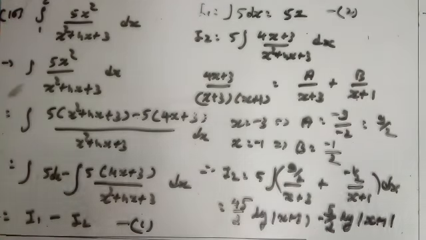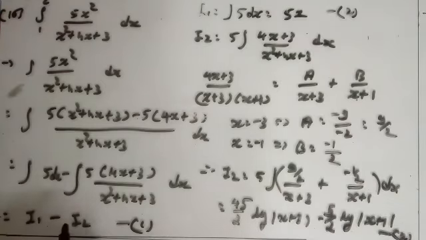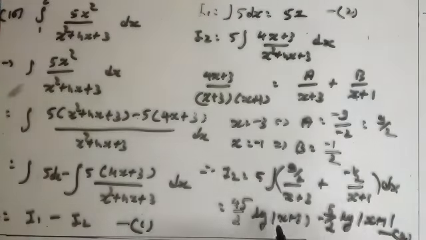Clear? Now say this is result number 2. By the first, second and third, I is equal to the subtraction of pi x and these terms.